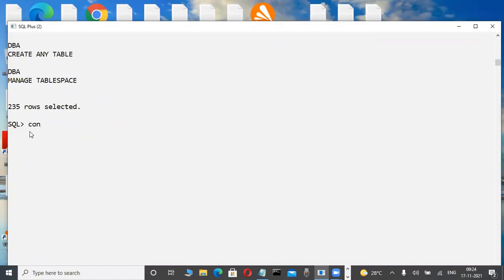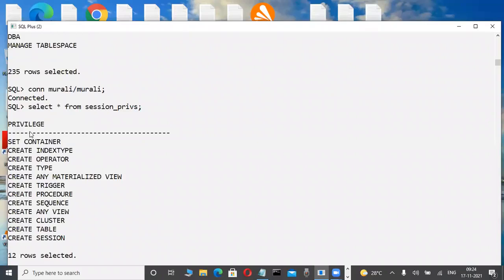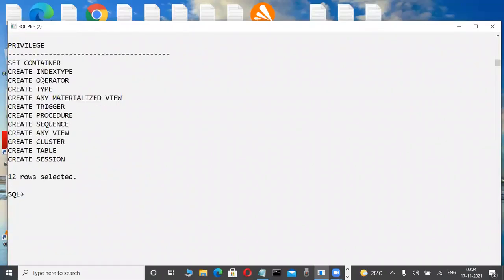Now check it out. For example, connect as Morally, which is a user. In this user, I want to view all the system privileges, so I select star from session_privs. I told you in a previous class, you observed this. Suppose I am revoking: connect as sys as sysdba, password is this.